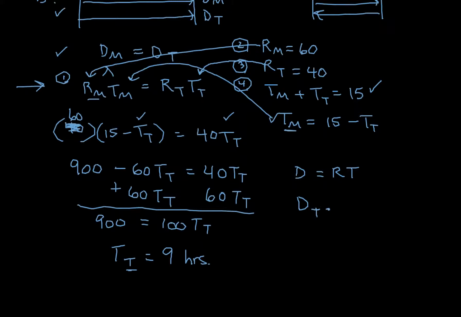Distance Tuesday equals rate Tuesday times time Tuesday. The rate Tuesday was 40. The time Tuesday is 9. So you multiply those together. The answer is going to be 360.